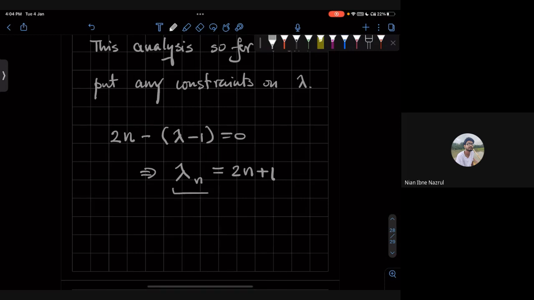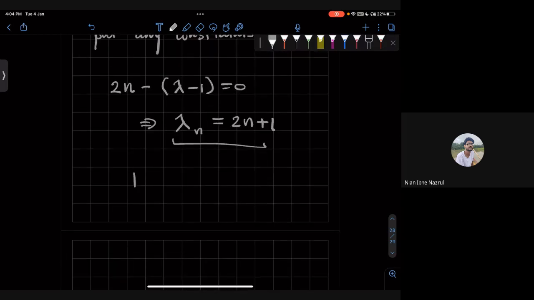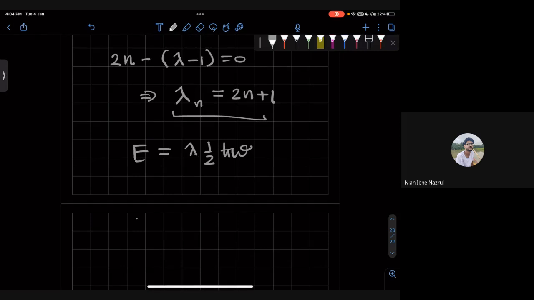So now if I go back to my definition of lambda, lambda was given by energy equal to lambda half h bar omega. So this means that the quantization of lambda means that energy itself is going to be quantized. And the quantization of energy is going to be n plus half h bar omega, okay?